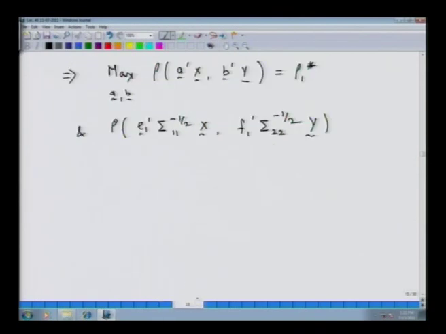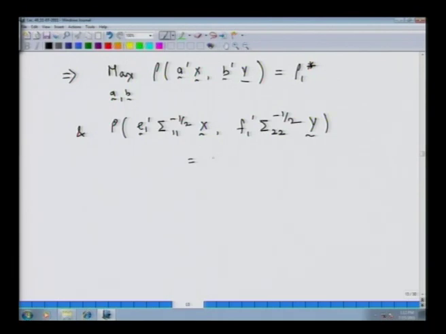So, what we are going to have is this correlation. It is elementary actually to look at what this expression is equal to. This is E 1 prime sigma 11 to the power minus half times the covariance between x and y, that is equal to sigma 12, this times sigma 22 to the power minus half. Oh, I am writing the entire thing here, not exactly the covariance term.